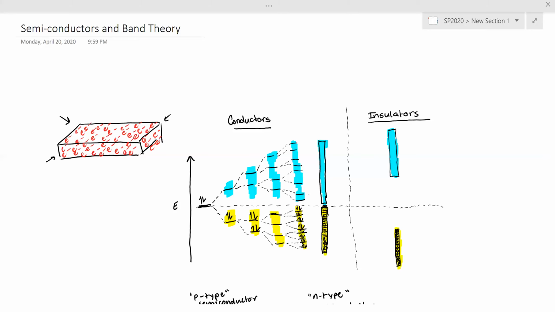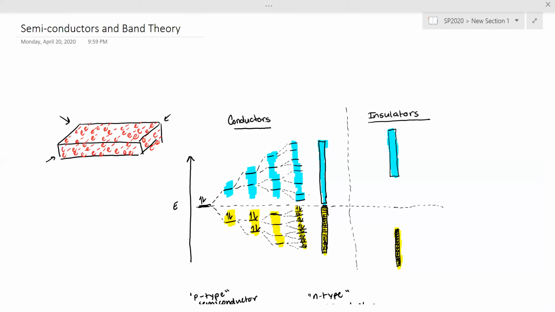So this is where molecular orbital theory starts to fall apart, because even though molecular orbital theory does account for where electrons are based on the amount of energy that is required for a bond to occur, it doesn't really account for this movement of electrons, which is what is covered by band theory.